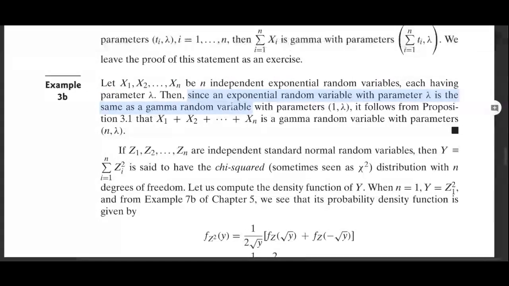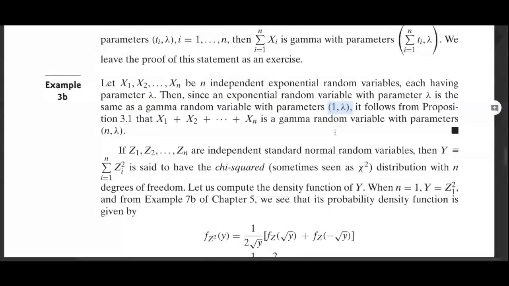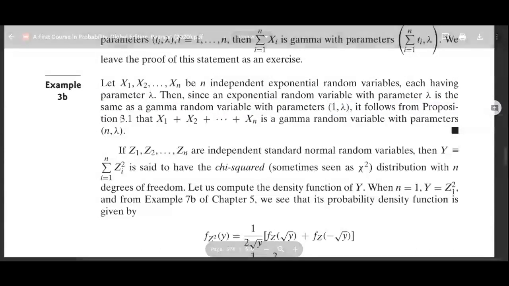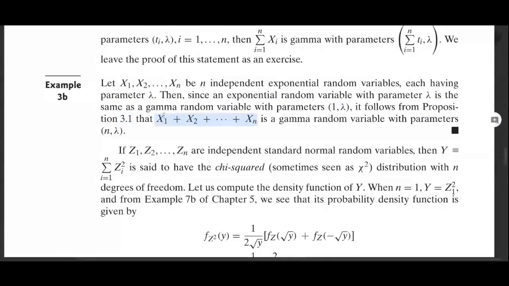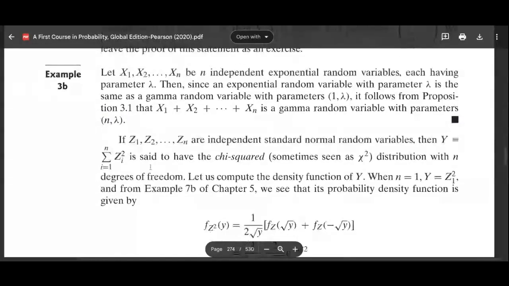Then since an exponential random variable with parameter lambda is the same as a gamma random variable with parameters 1, lambda, because it's a special case of the gamma distribution, it follows from the proposition that the sum of n variables is a gamma random variable with parameters n, lambda. Okay, because we have n variables, so that becomes n, lambda.